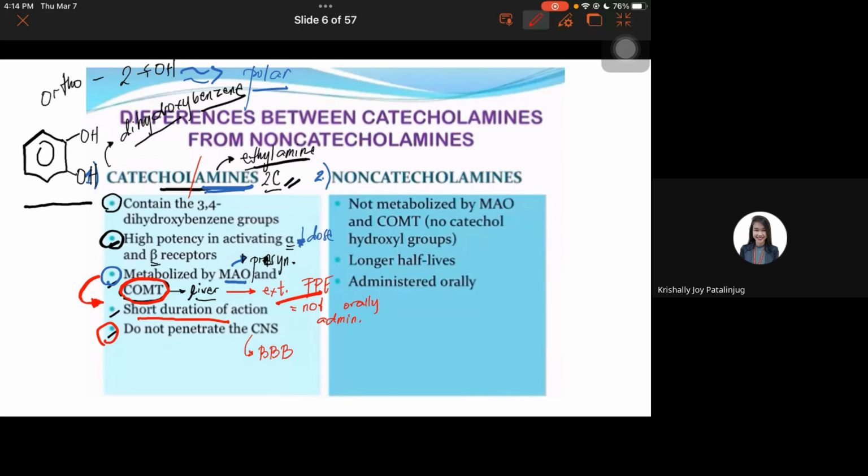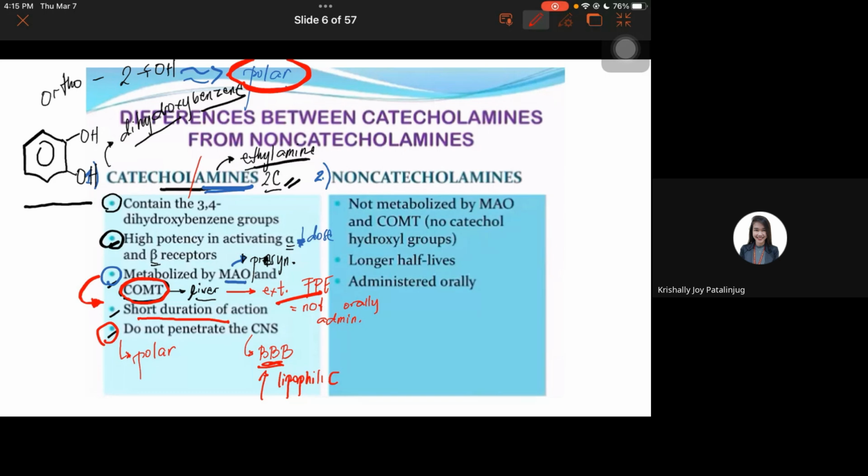So they love non-polar lang na mga compounds for it to be penetrated sa CNS, knowing like dissolves like. Ang BBB, highly lipophilic siya. Ano sabi natin sa catecholamines? It is polar. Very good. Okay, so sulat nyo dyan, polar ang catecholamines. So they do not penetrate CNS.